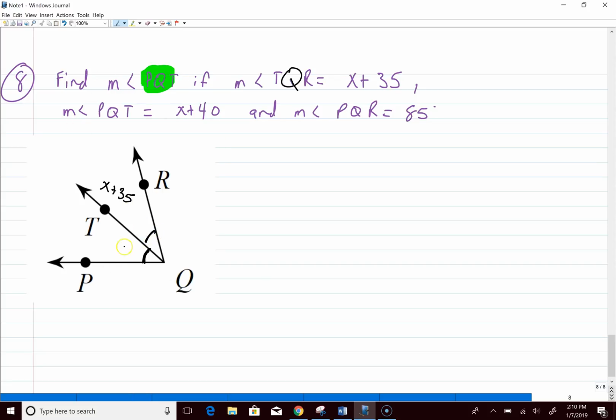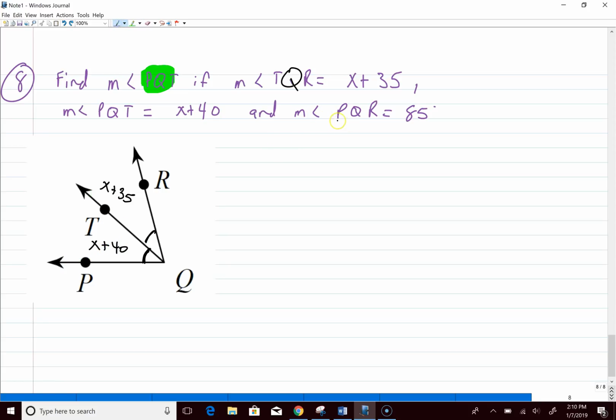PQT, the angle we're looking for, we don't know what this is, but they're telling you this is x plus 40. Remember, we're looking for PQT. This is the answer. Do we know what it is? No. If we knew what x was, then I'd just add 40 to it and we'd be done, right? But I don't know it yet.